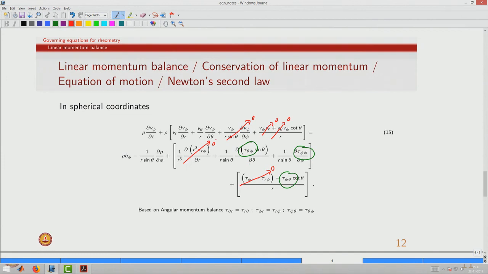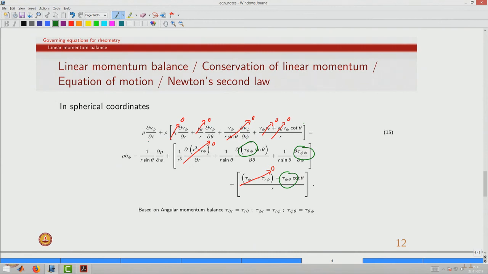This term again will go to 0 because V theta itself is 0 and V r also is 0, and therefore now we have terms where V phi is also 0. So, there are no terms on the left hand side, the inertial terms.